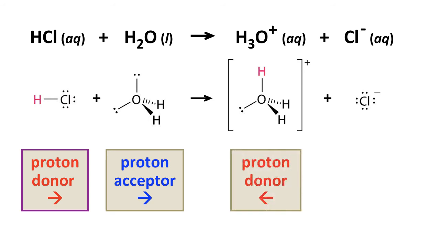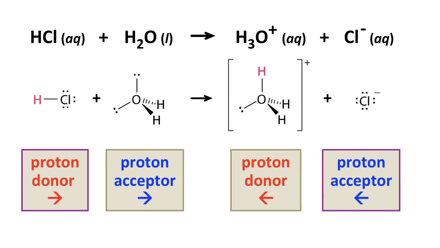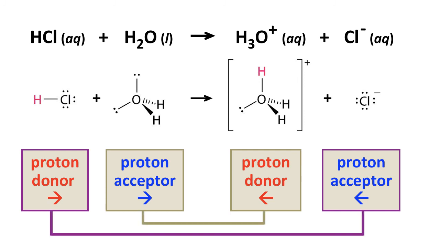And going from right to left, H3O plus would be a proton donor and Cl minus would be a proton acceptor. And we're going to apply this to all kinds of different acid-base processes, including ones that reach equilibrium, that's not completely product favored or completely reactant favored. And again, just as a note, these are conjugate acid-base pairs.